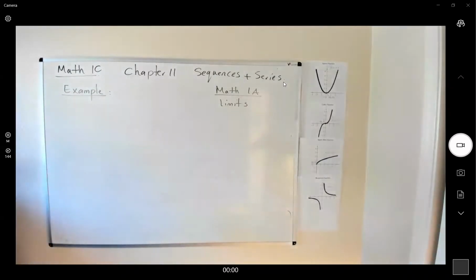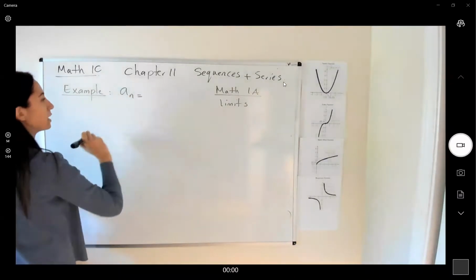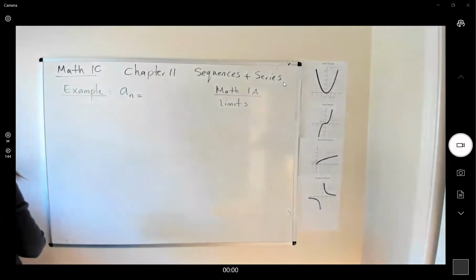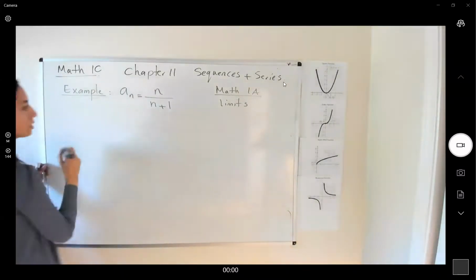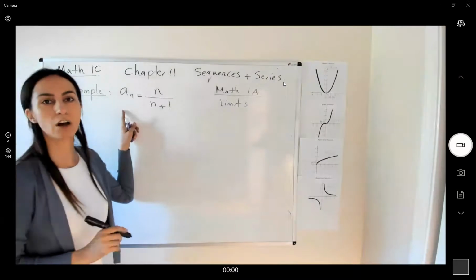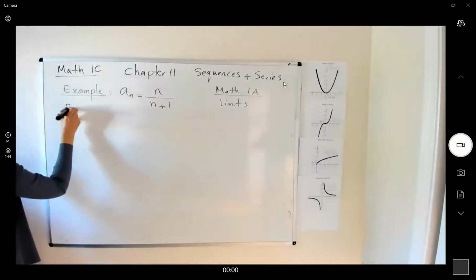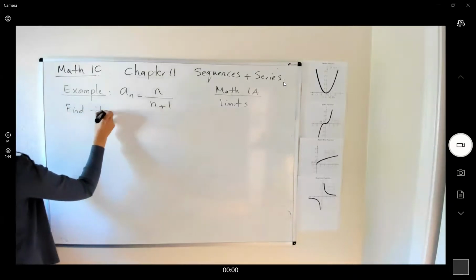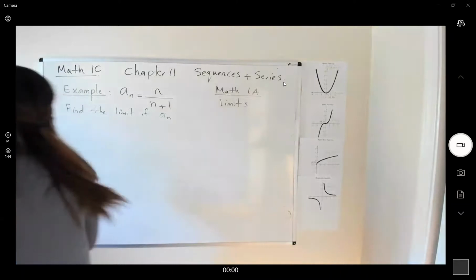Okay, for example, question says, hey, here you have this sequence. a sub n is defined as n over n plus 1. Find the limit of this sequence.